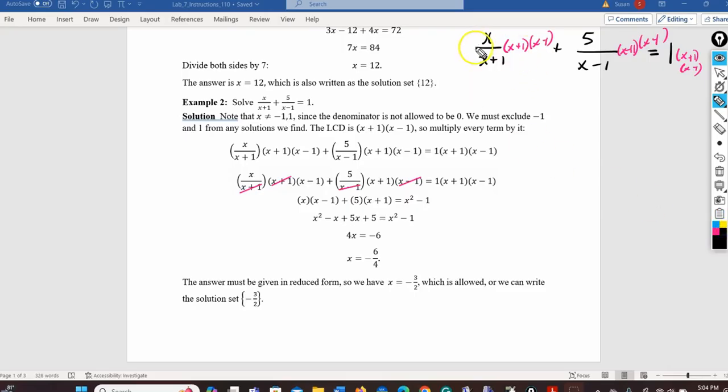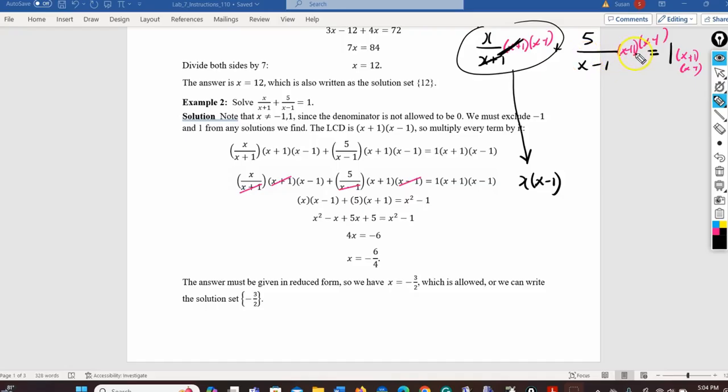So now, when I do this product here, I have x times x plus 1 times x minus 1 in the numerator. And so the x plus 1s are going to cancel. And I'm going to be left with x times x minus 1. Make sure you put it in parentheses.